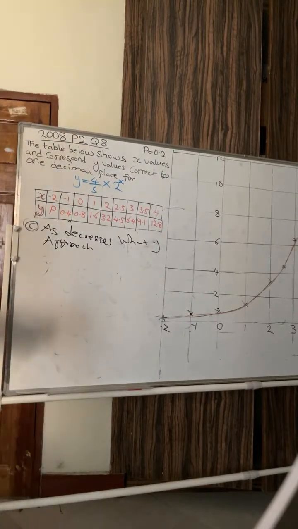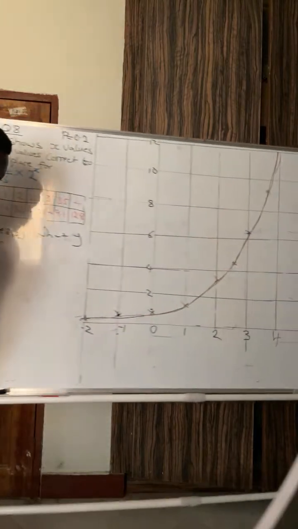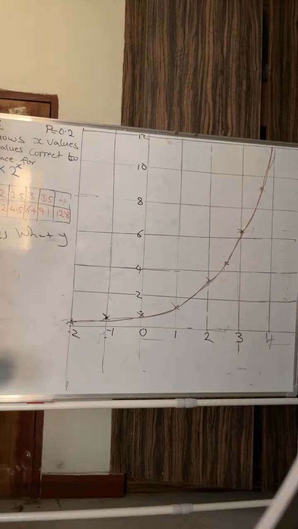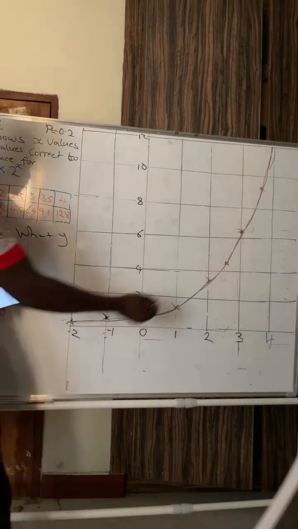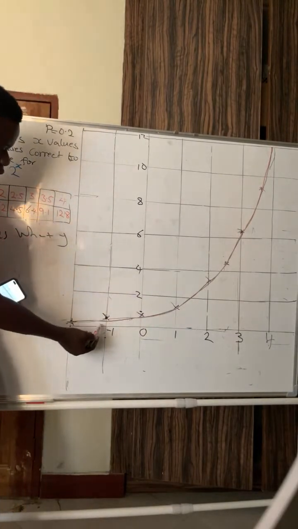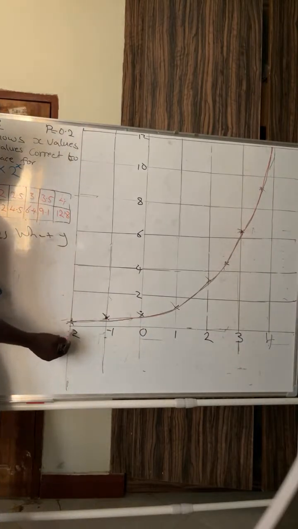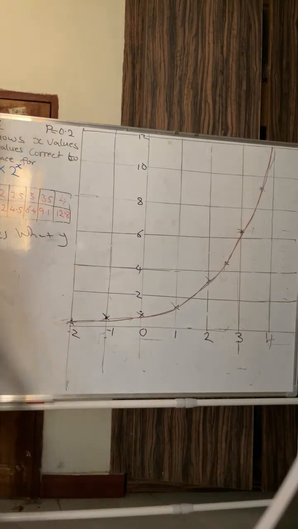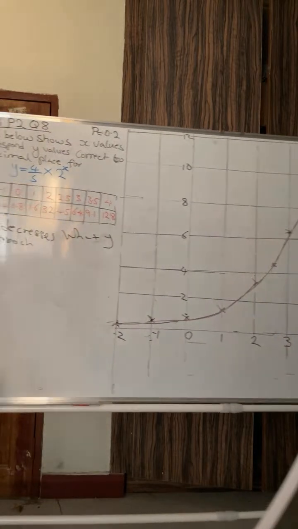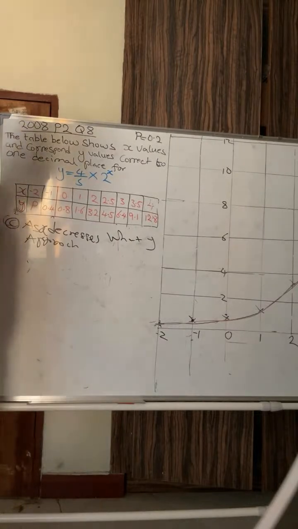You can even see from the table: as x decreases, it's coming this way. So what values does it approach in y? As x decreases, it approaches 0 in y value.